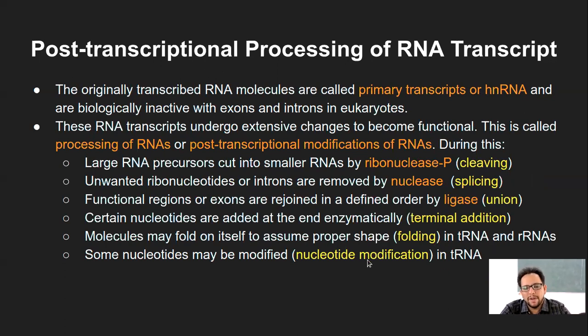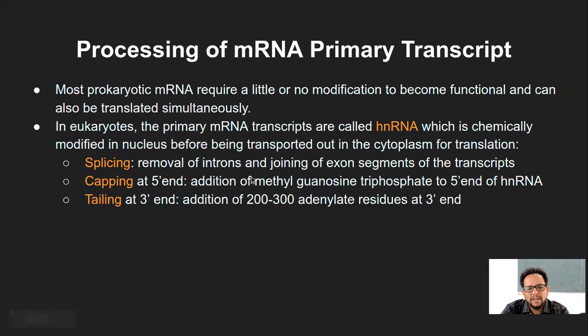Depending on what type of mRNA, tRNA or rRNA it is, these changes will happen. For example, rRNA, that is ribosomal RNA, may not need splicing and so on, or may not even need ligation, or may not need a terminal addition. Folding will be required for it. So depending on which type it is, these different processes will happen.